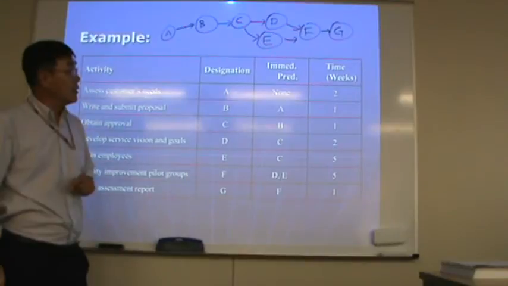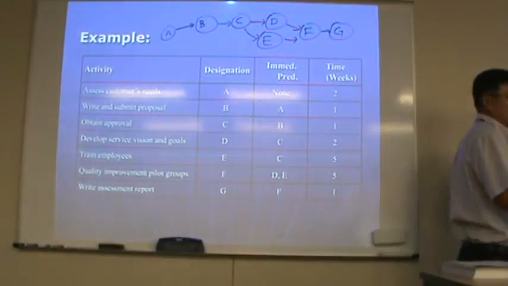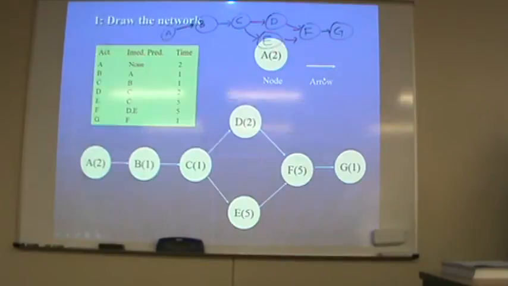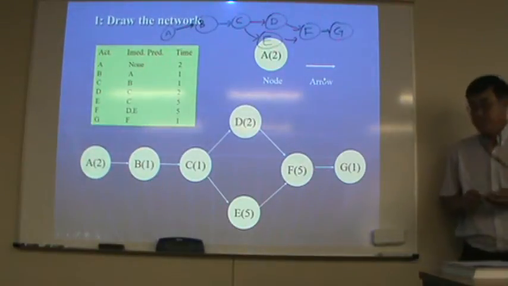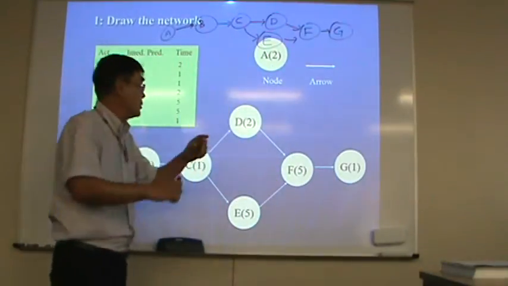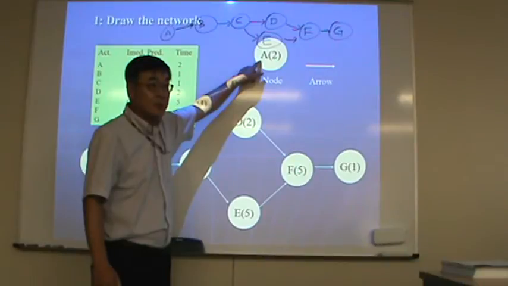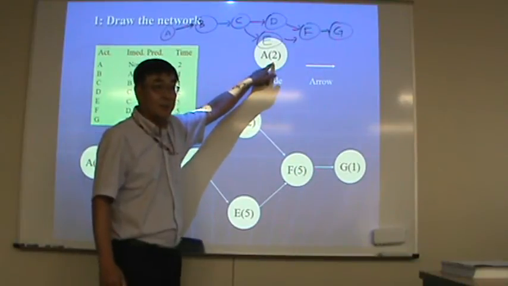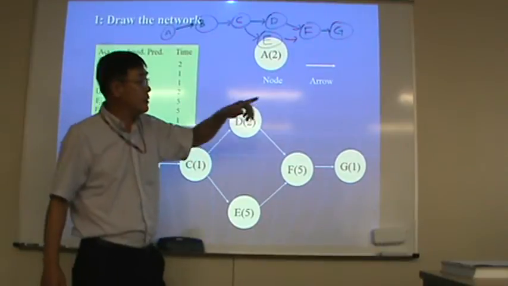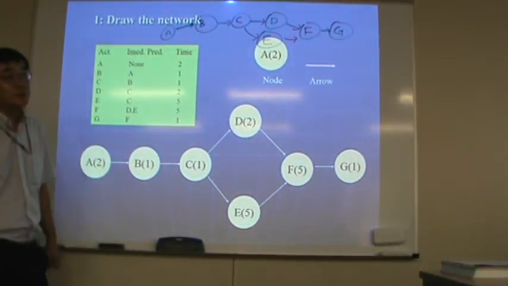So inside of this node, when we draw a network diagram using a circle, a node, we put the designation and then the activity time, and then use an arrow to show where it's from and where it goes.